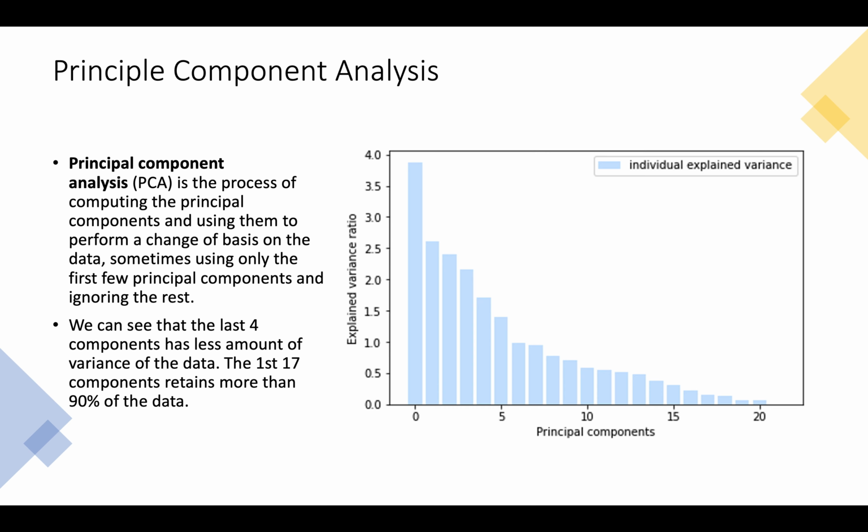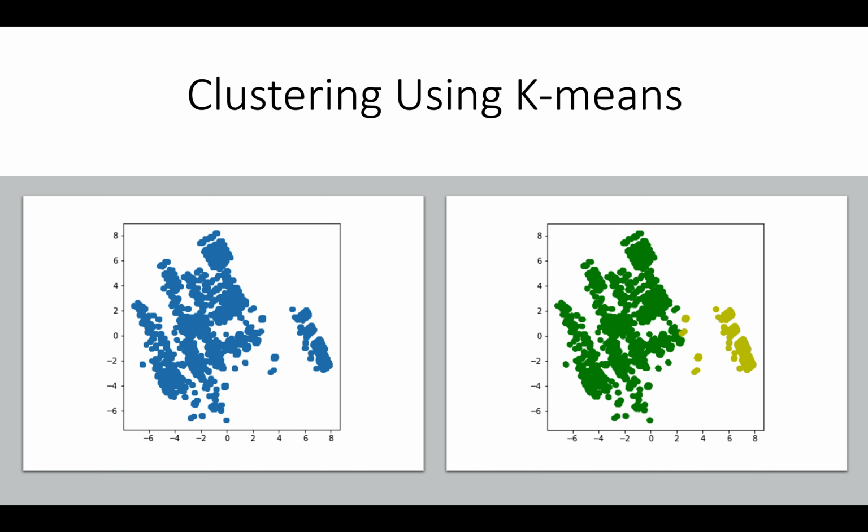It is the process of computing the principal components and using them to perform a change of basis on the data, sometimes using only the first few principal components and ignoring the rest. In our situation, we could see the last 4 components have less variance of the data. The first 17 components return more than 90% of the data. We used only the first 2 components to do a k-means classification and colored it in the second diagram.